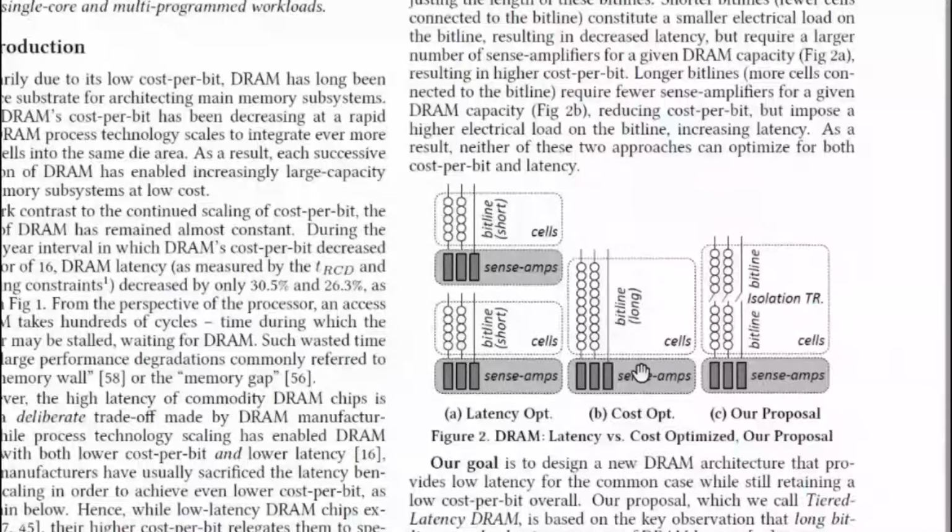This is the design we discussed in the last two lectures, where a bank has multiple rows and bit lines, and at the bottom of the bank there is a sense amplifier shared by all the rows. If you see here, the bit lines are very long, so tRCD and tRC will be higher in this design.